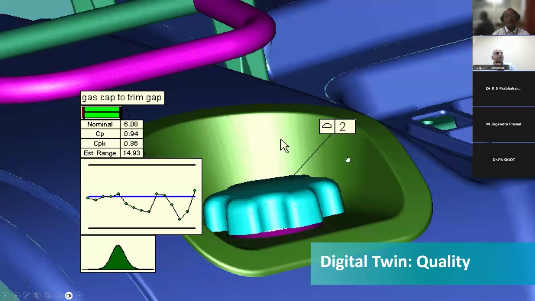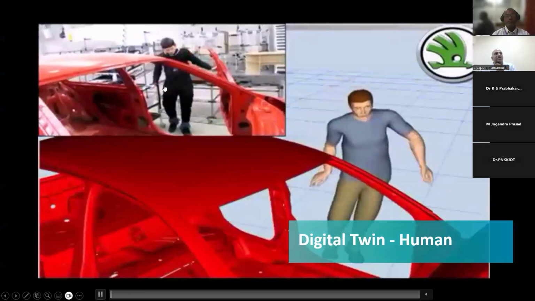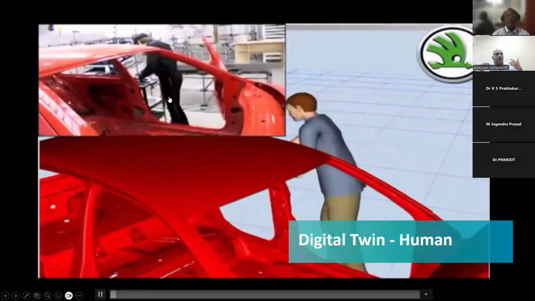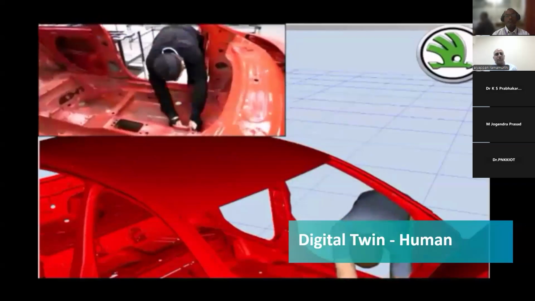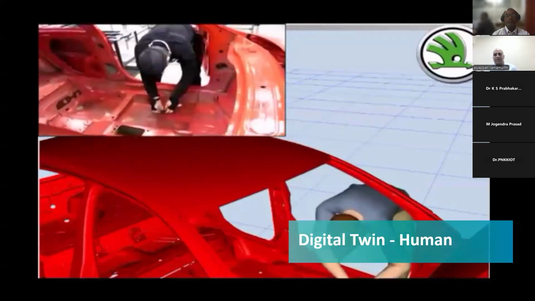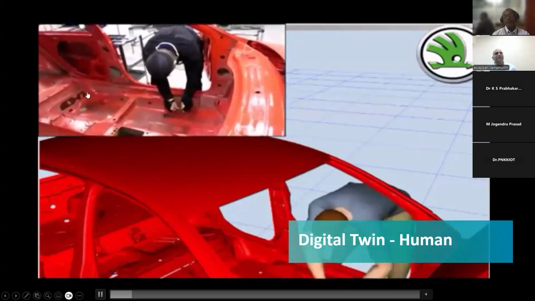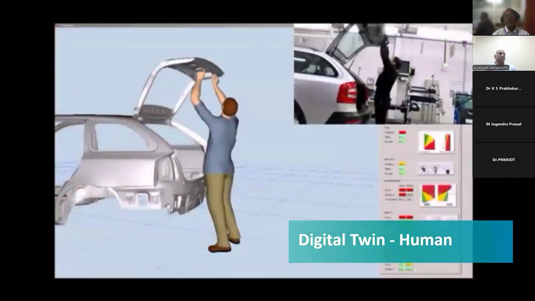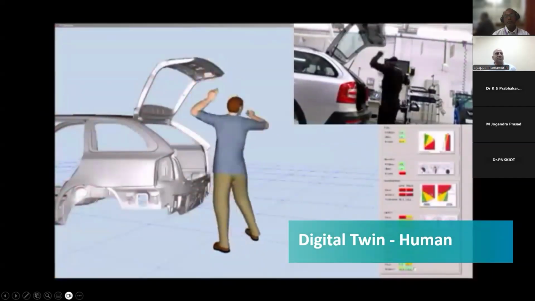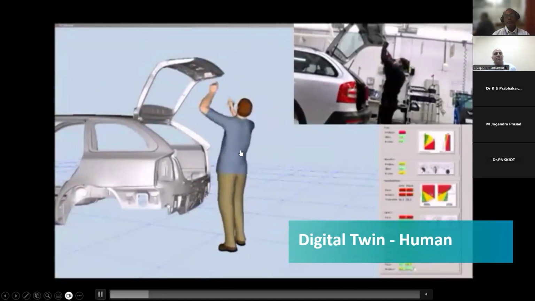You can also have the digital human with a motion capture toolkit to exactly predict what the operator is doing. So you can create a twin of the operator very closely, and then it becomes a very close representation of the real operator.